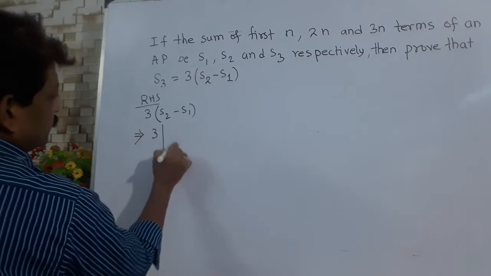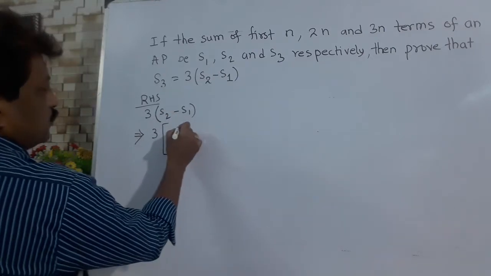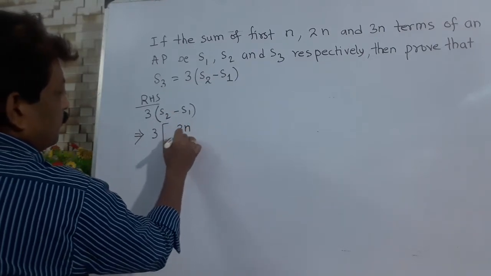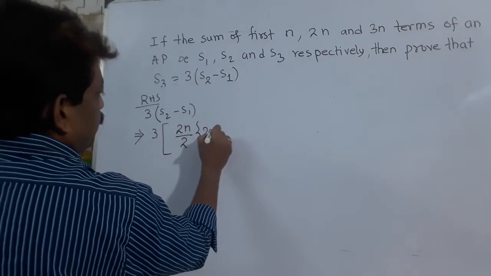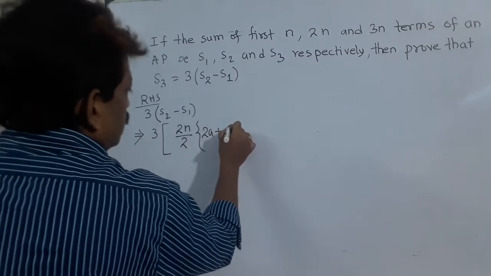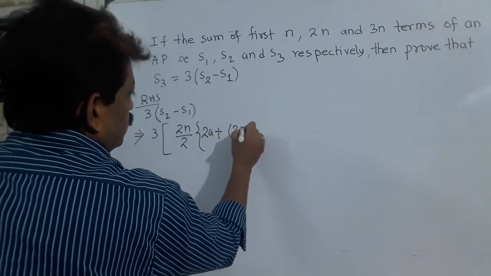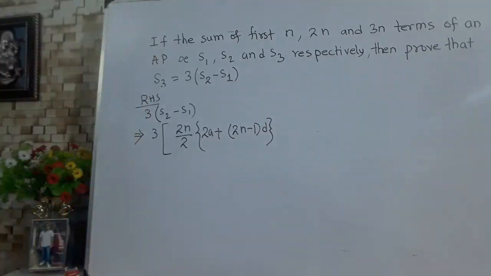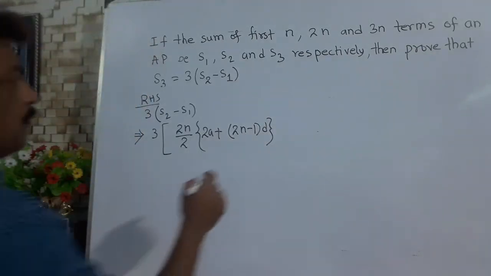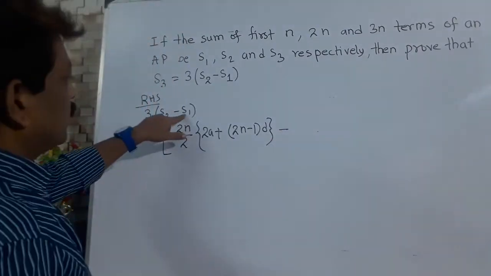3, what is S2? S2 is 2n by 2 bracket 2a plus, inside the bracket, 2n minus 1 multiplied with d, minus S1.